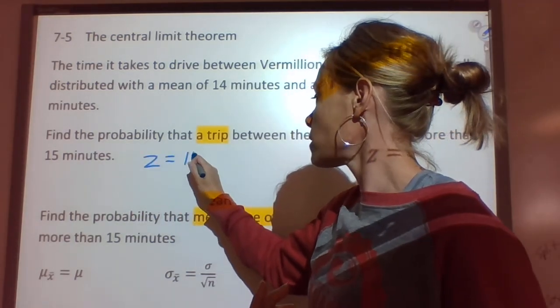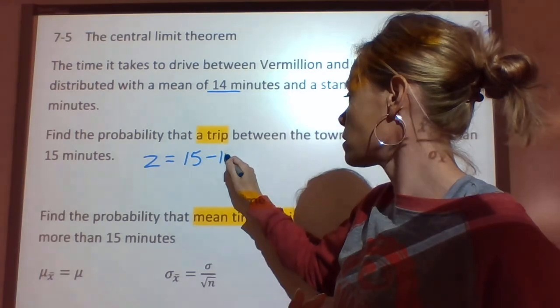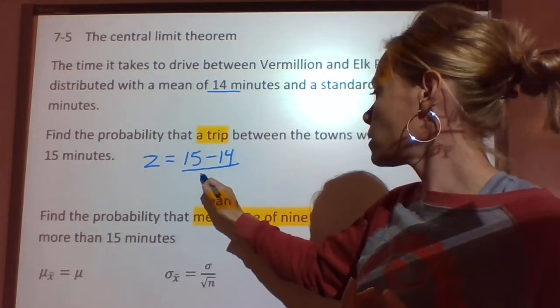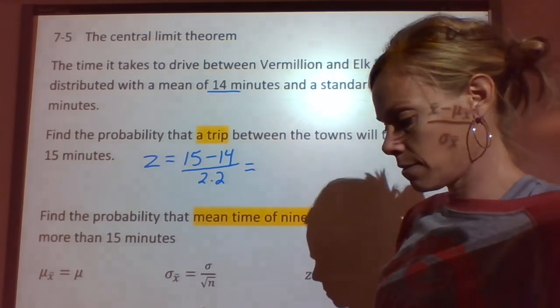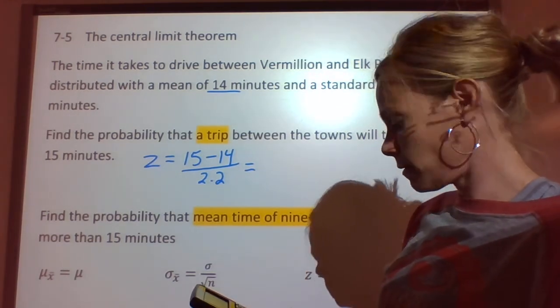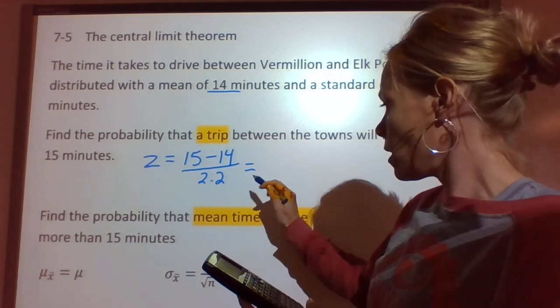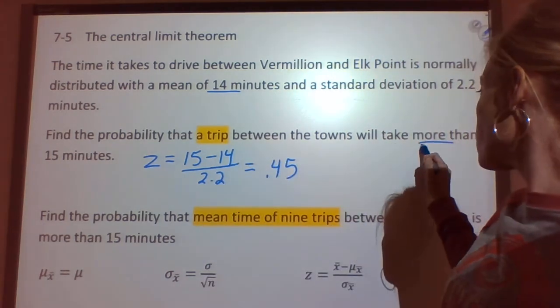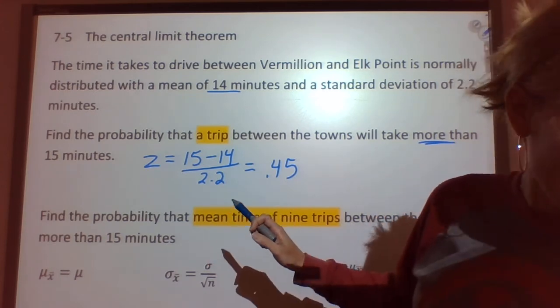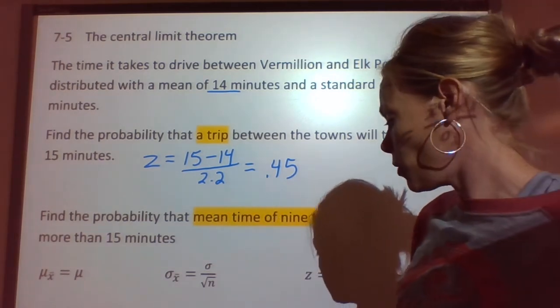So we take 15 minus the mean, divide by standard deviation, and get 1 divided by 2.2, 0.45. And since it's more than, do we look up 0.45 on the table? Nope.